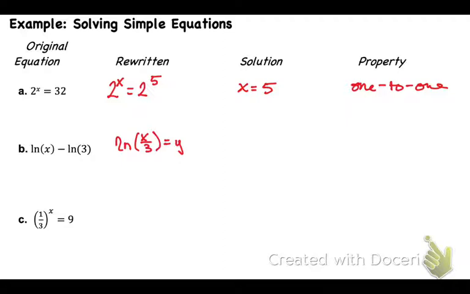Do you maybe want to rewrite it again? Exponential? Okay. So, what's my base? e. e to the y equals x over 3, right?